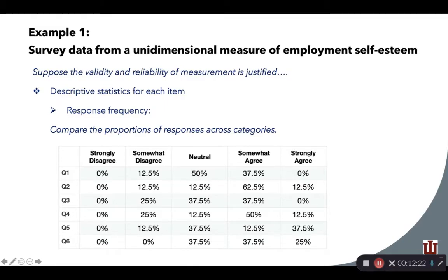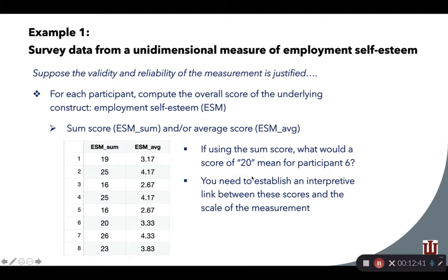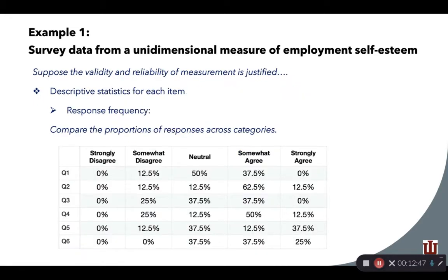And for example, for question 4, we have half of the participants responding somewhat agree. So this gives you an idea for each question how many respondents choose one category over the other. And these are the examples of reporting question level, or say item level, descriptives.